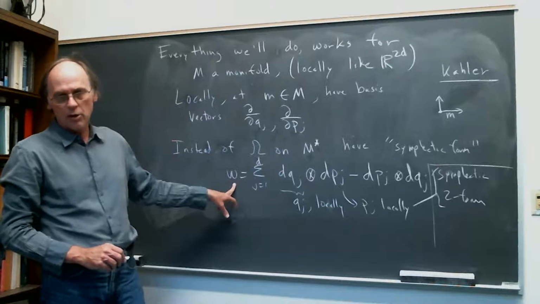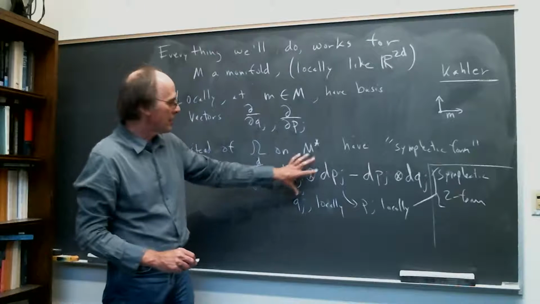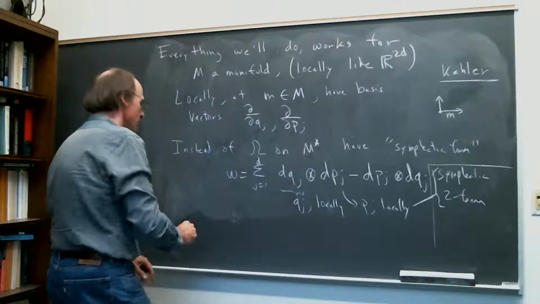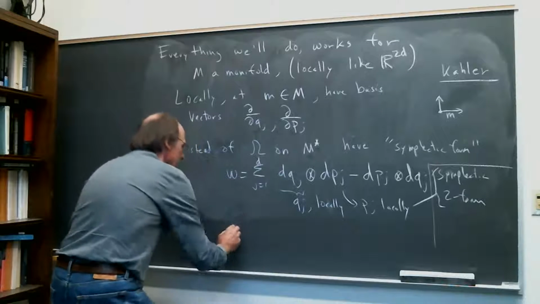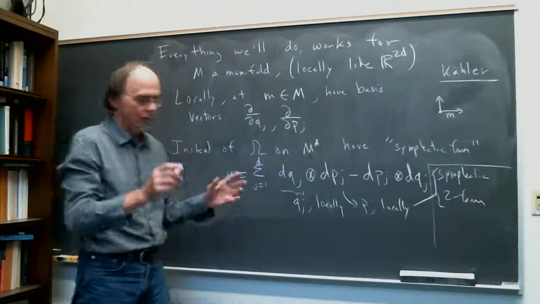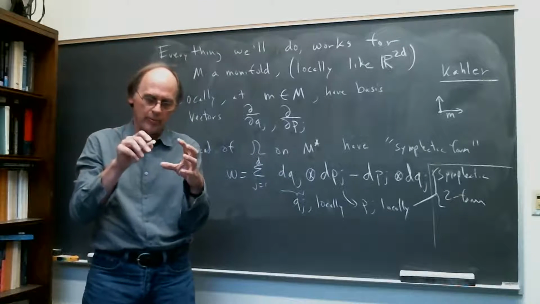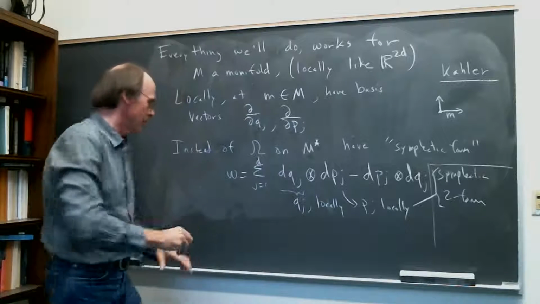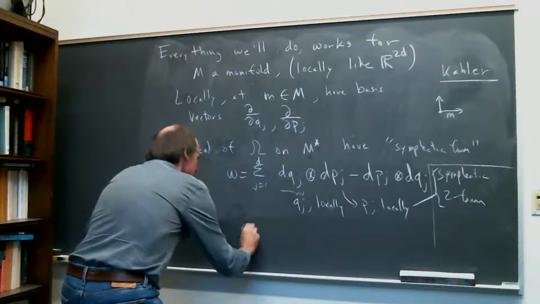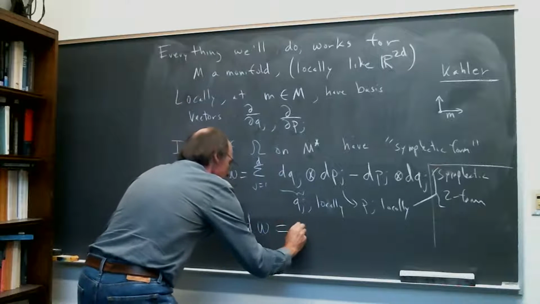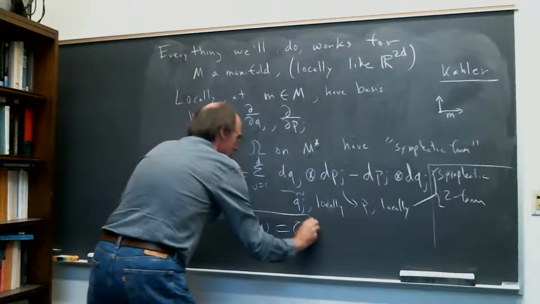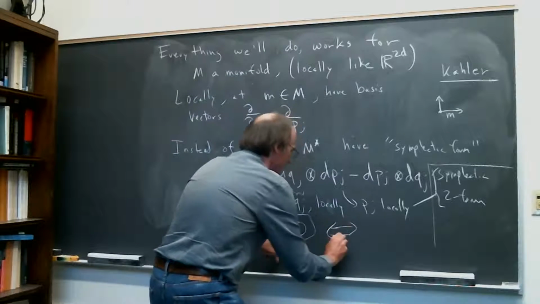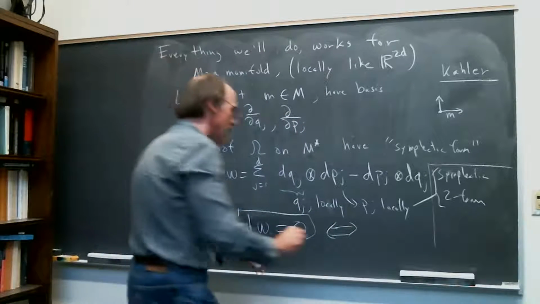The crucial thing that makes all this interesting is something more subtle: if you have anti-symmetric two-forms, there's a differential you can apply to them, and the condition is that d omega equals 0. This condition corresponds to the Jacobi identity.